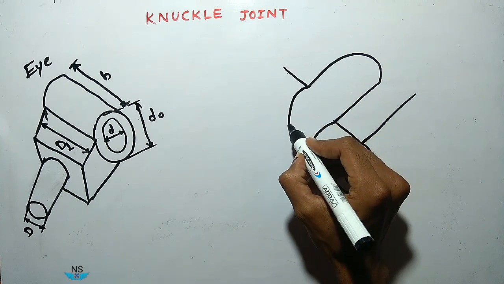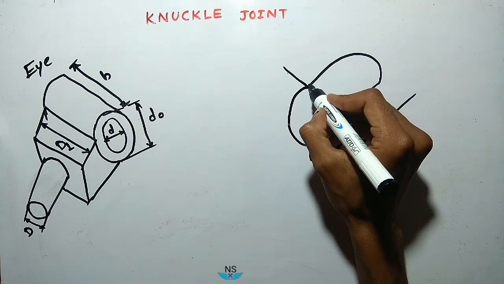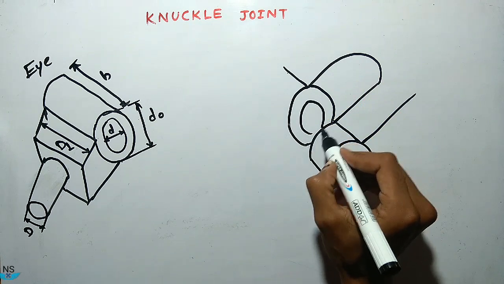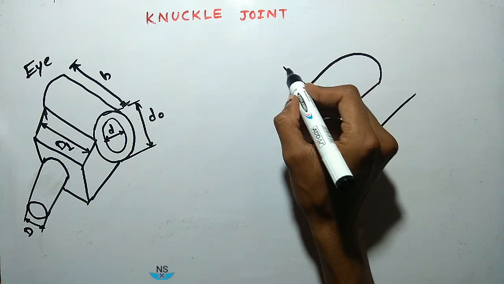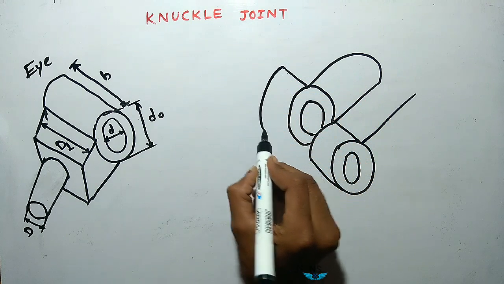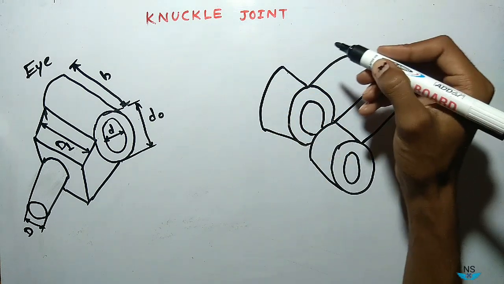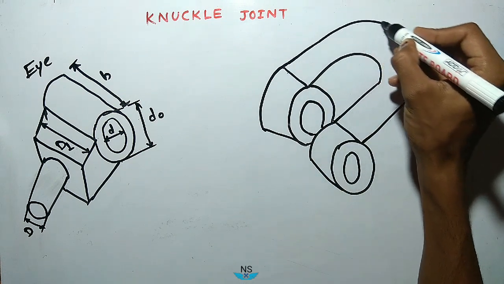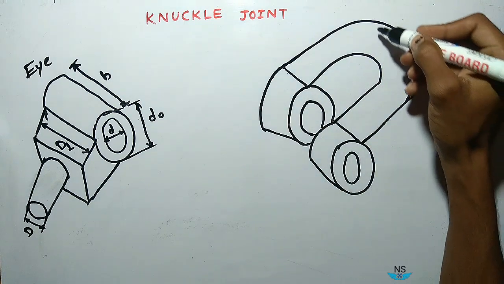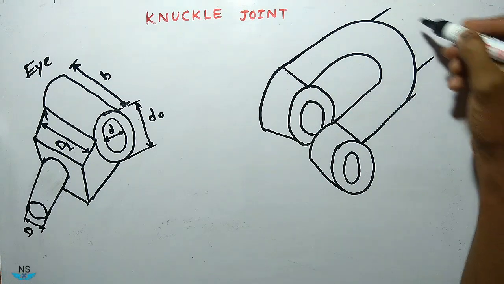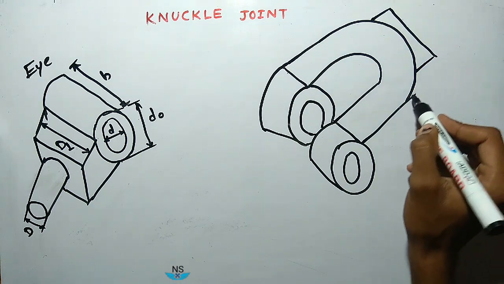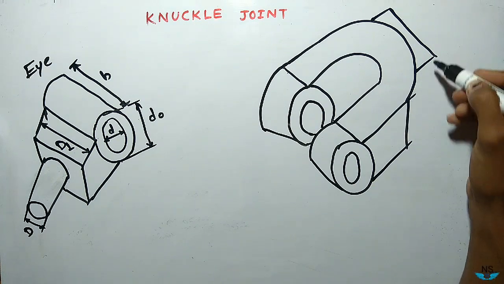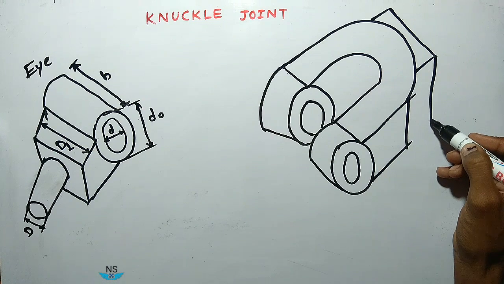So this is the fork. My drawing is a little bit poor, so that you can understand my poor drawing.